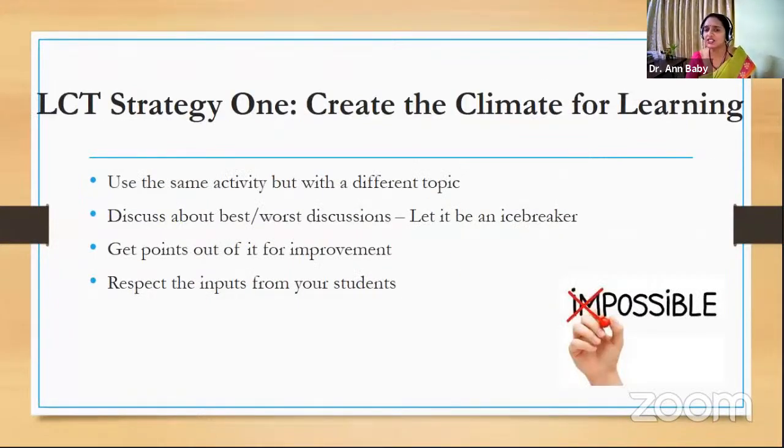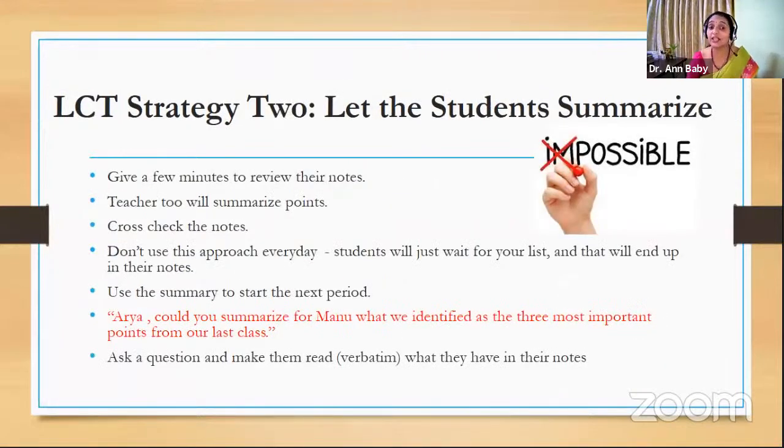Now, one strategy is you can create the climate for learning. You can give them a topic, make them do an activity, think of it to be an icebreaker, let them do it. The second one is very interesting. You can make the students summarize. This is what many of us do, but you can do it in a different approach.